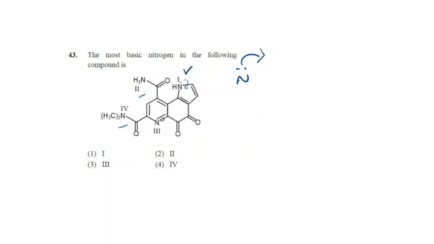But in the case of the pyridine nitrogen, the lone pair of electrons on the nitrogen of the pyridine is not involved in resonance, hence it can easily donate when compared with the remaining three. So the answer is the third one. The one which readily donates the lone pair of electrons, nitrogen, is said to be more basic in nature. It must be free from the different electronic effects.